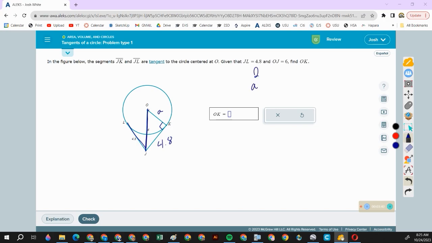So a squared plus 4.8 squared equals 6 squared. So we'll just subtract 4.8 squared. So 6 squared minus 4.8 squared. A squared is 12.96. Take the square root, and I get 3.6.